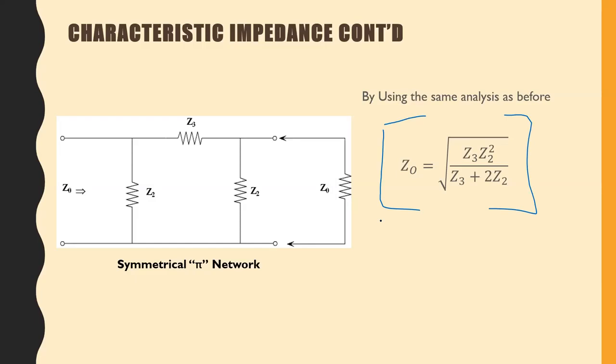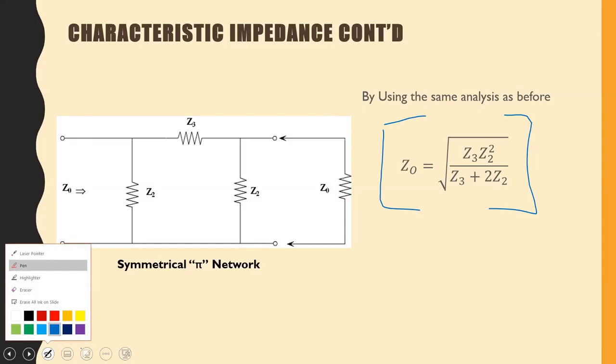Z2 is parallel to Z3, Z3 in series with Z2, and Z2 parallel to Z0. But I did the numbering differently. So tell me where you had Z2. Okay. That's the only difference?